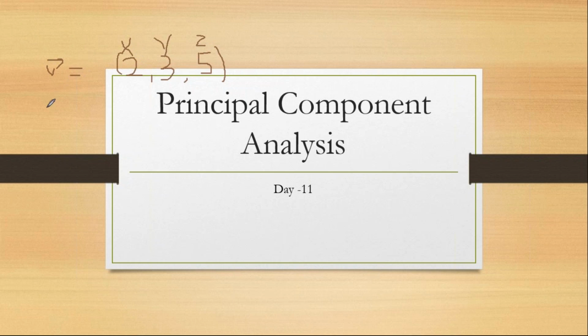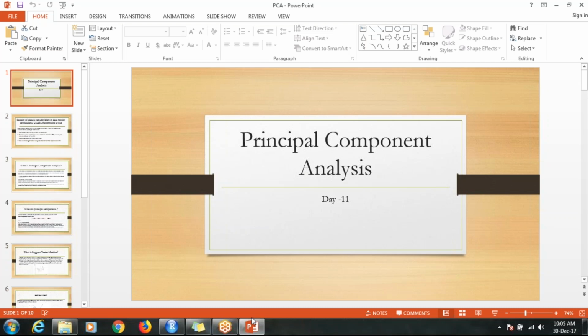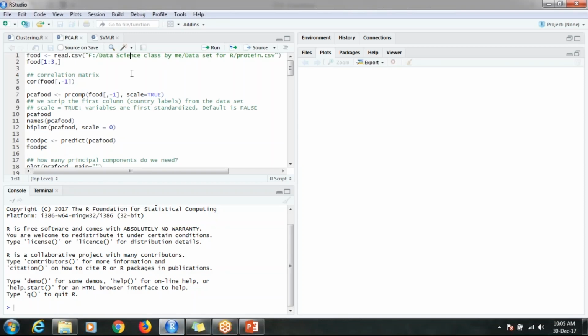Now if I want to show my vector in a single line, vector v will be equal to 2i plus 3j. Let me not do it here, I have an R script, so why am I doing it here.